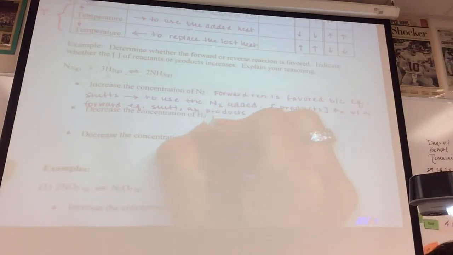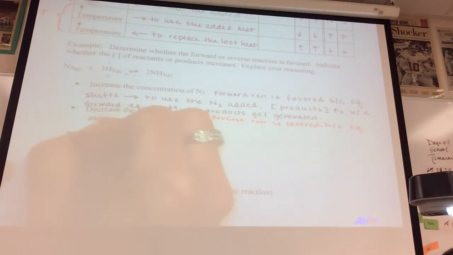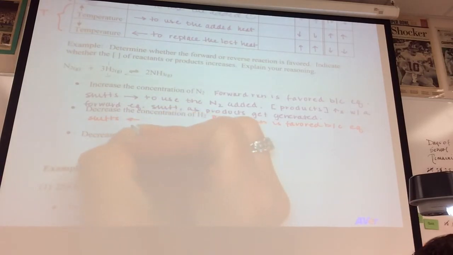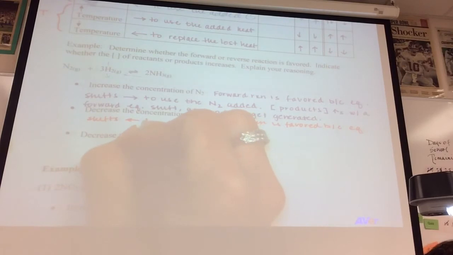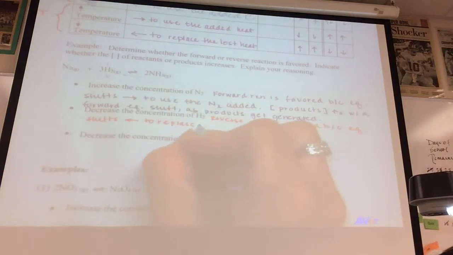So here, the reverse reaction is favored because equilibrium shifts to the left to replace H2 removed.